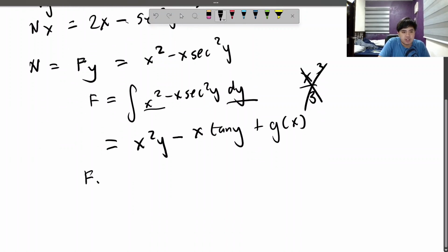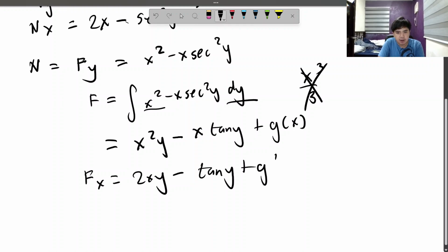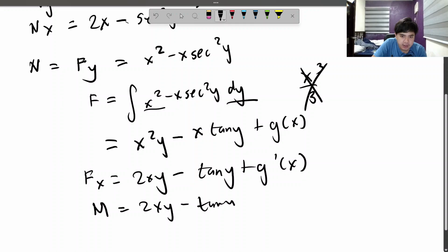Now, take the partial of this with respect to x. The derivative of x squared y with respect to x is 2xy, minus x tangent y just becomes tangent y, plus g prime of x. Look at M. It was 2xy minus tangent y.